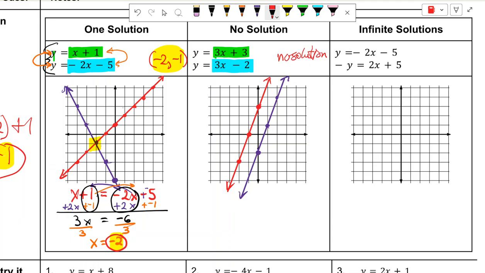Now, how did we get that algebraically? Well, we know that if y is equal to y, then this green expression is exactly equal to this blue expression. So let's write those expressions down below. 3x plus 3 is equal to 3x minus 2.